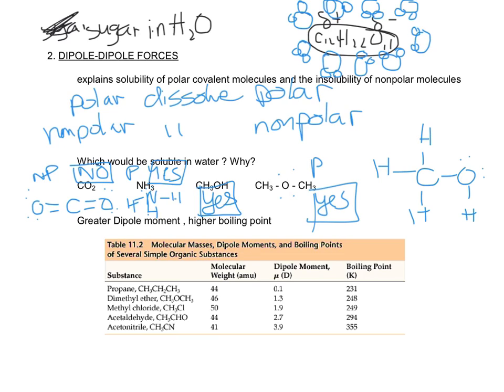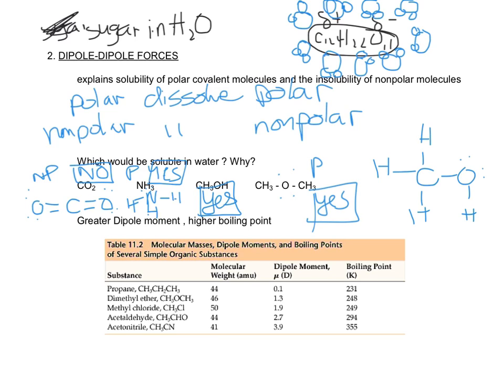Take a look at this statement right here. It says the greater the dipole moment, the higher the boiling point. That means the more polar the molecule is, the higher the boiling point. So this is absolutely true, because the greater the dipole moment, the more polar it is, the more the partial positive and the partial negative.